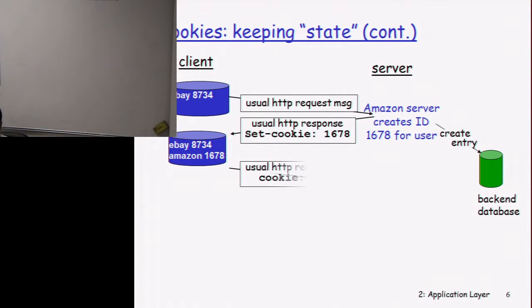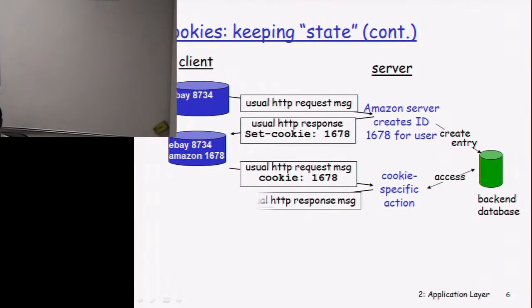Look here again. A usual HTTP request message is sent, now with this cookie. The cookie has already been set. Amazon 1678. See, the eBay cookie was already there, and you have now browsed Amazon.com. A new cookie is set and the record is kept in the temporary internet files folder.